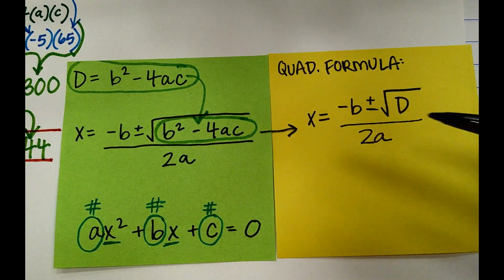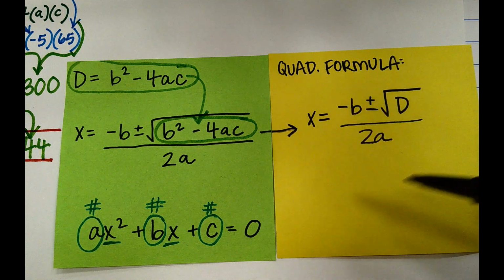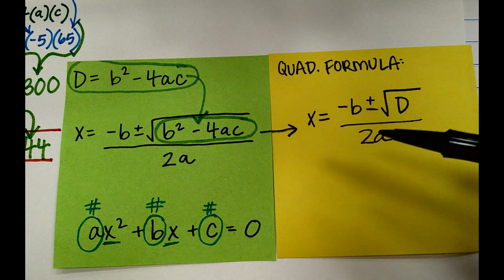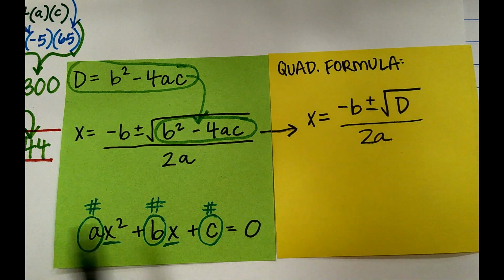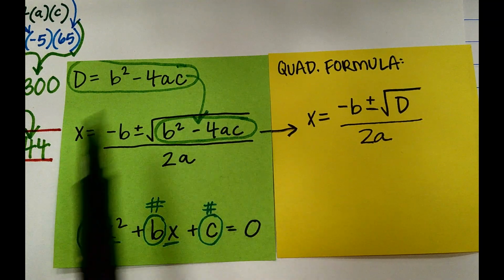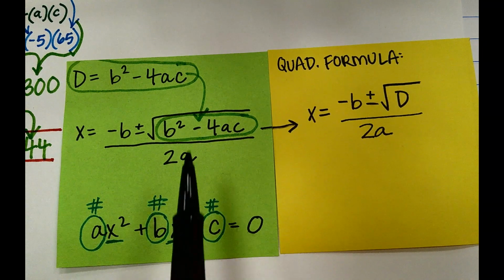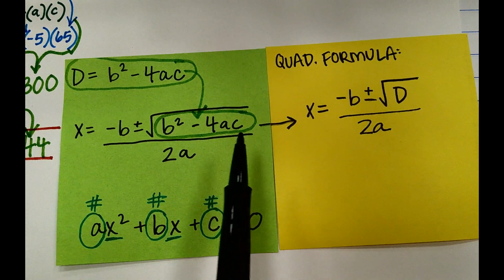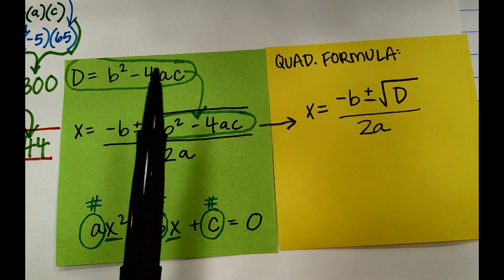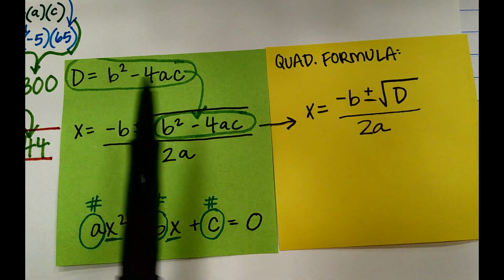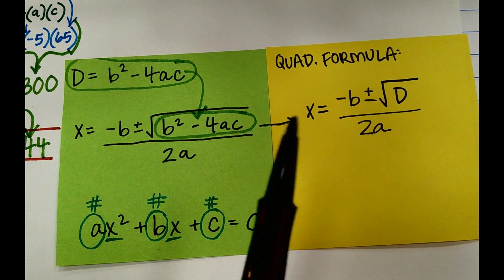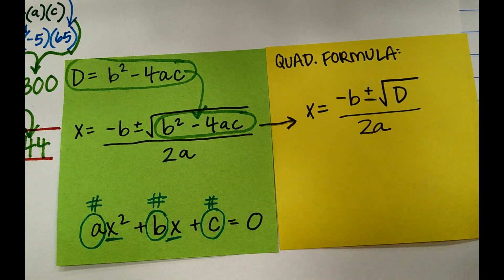So this is what we're doing here. Some people don't like to do it this way. Some people like to just do it all in one fell swoop. That's what I do, and that's okay. You can do it other ways and still get the right answer. Finding the discriminant first, though, can help it not feel like you're doing so much at once, and then you don't lose track of everything.